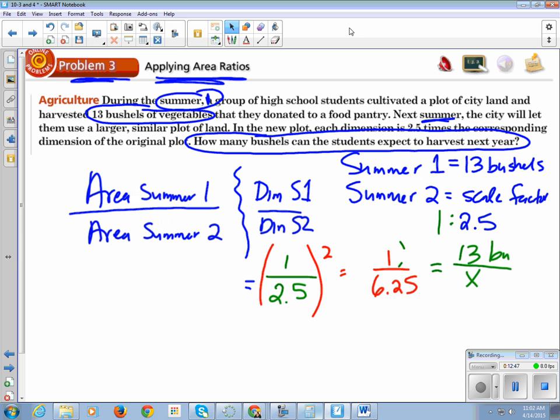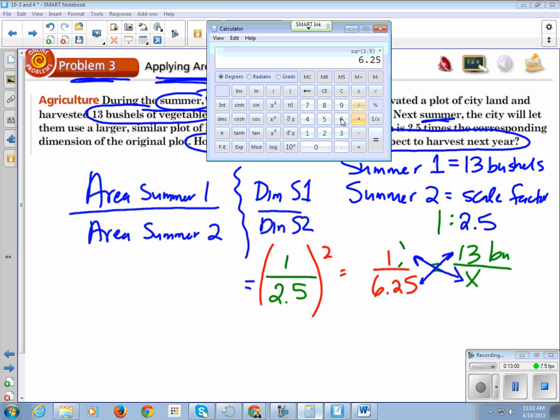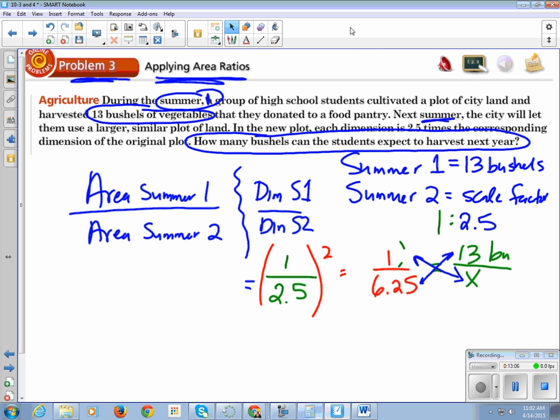So we do the same thing, we cross multiply. And we have 6.25 times 13. It's 81.25 bushels.